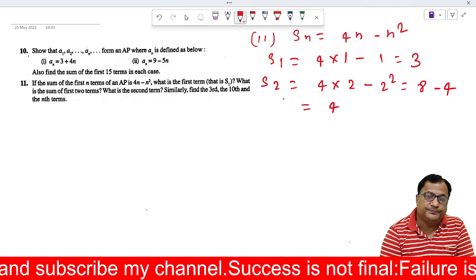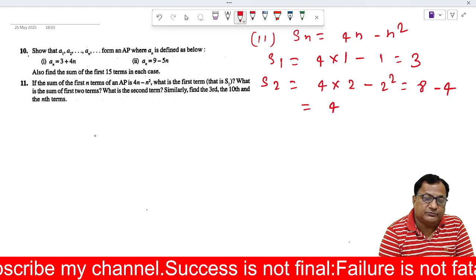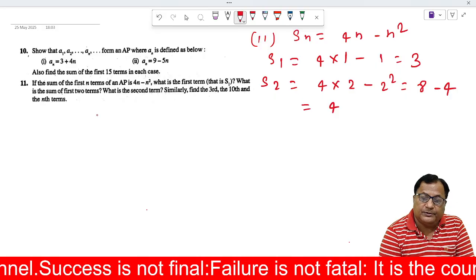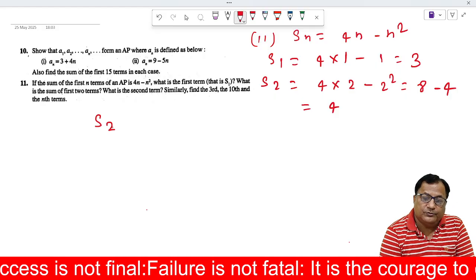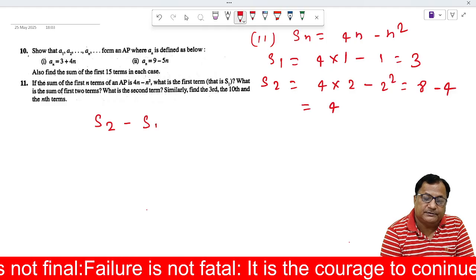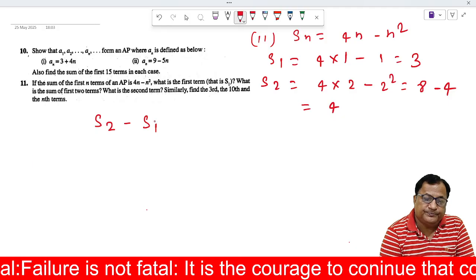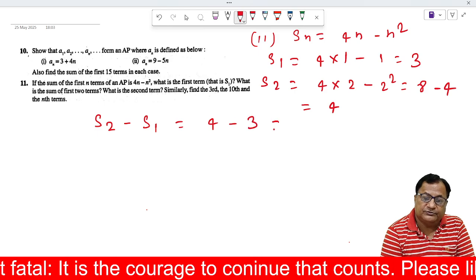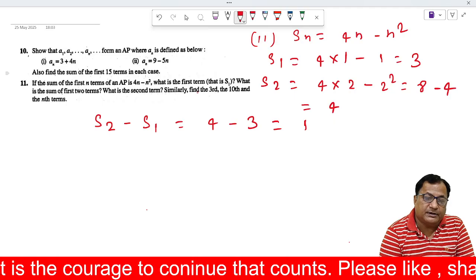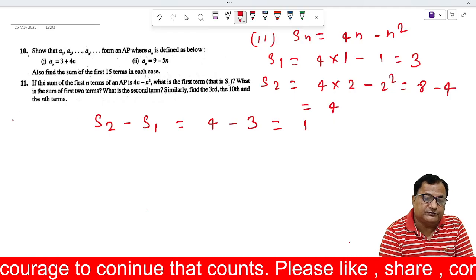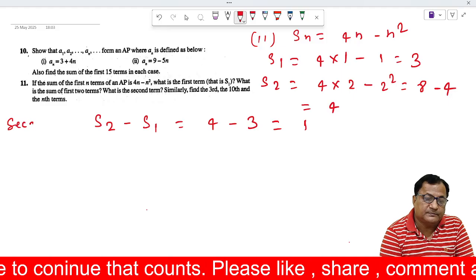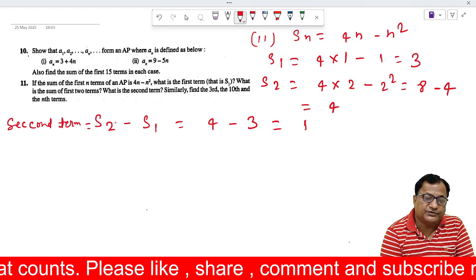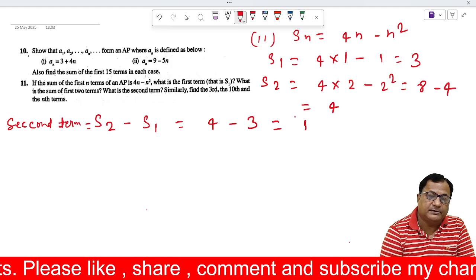So S2 is 4. What is the second term? Second term will be S2 minus S1. So here S2 is 4 minus 3, so the second term is 1.